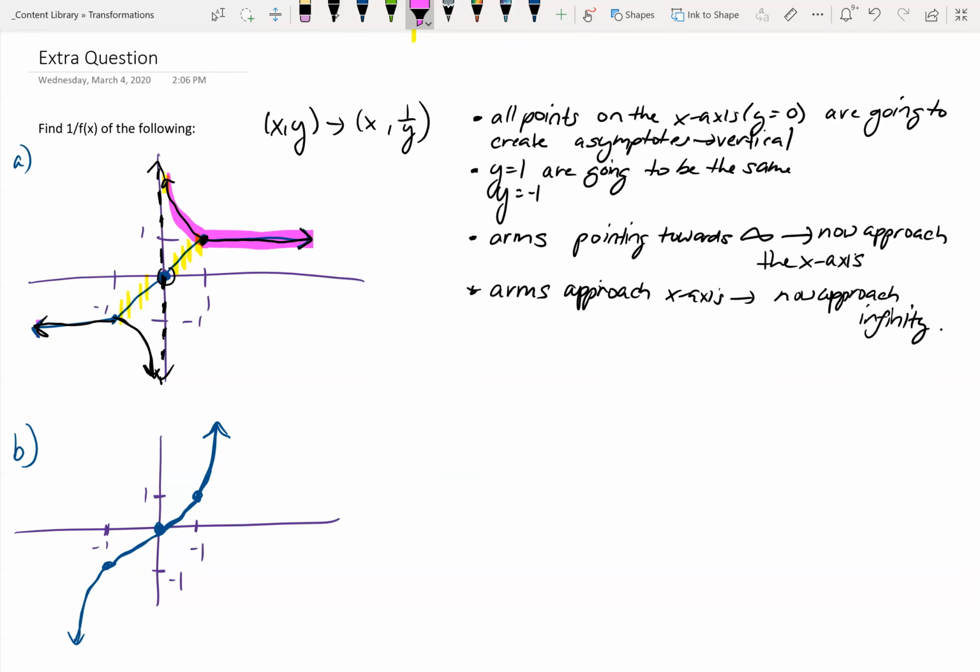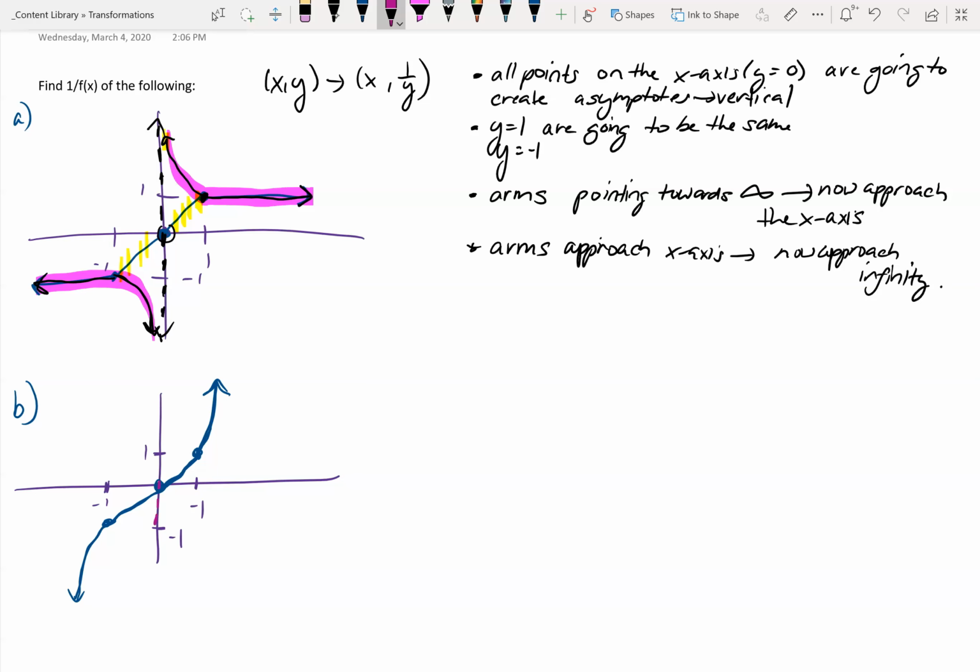Moving on to the next one. Follow the same 4 points. So all points on the x-axis are going to create vertical asymptotes. We have 1 point here. That means I'm going to create a vertical asymptote here. Next thing, all y equals 1 points are going to be the same as well as y equals -1.